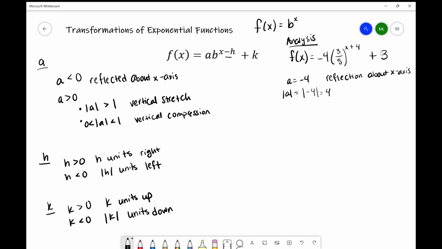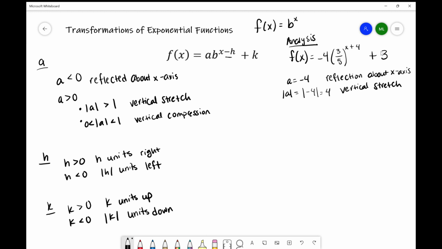So the absolute value of a, which is 4, is greater than 1. So I have a vertical stretch as well. So I'm stretching my graph. Now these are the manipulations that happen to the parent graph. We saw the parent graph in the previous video. So let's put an analysis of this first, and then I will compare the two graphs together, the parent and our new function. So we have a vertical stretch.